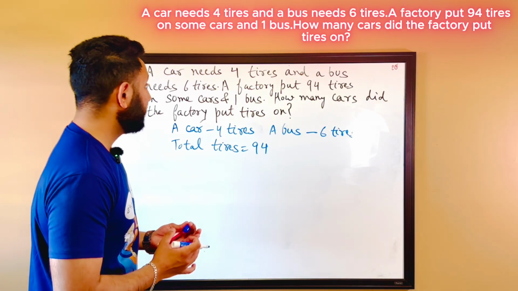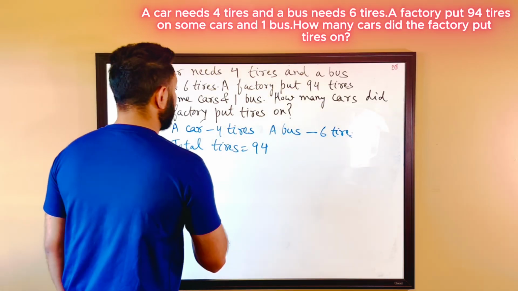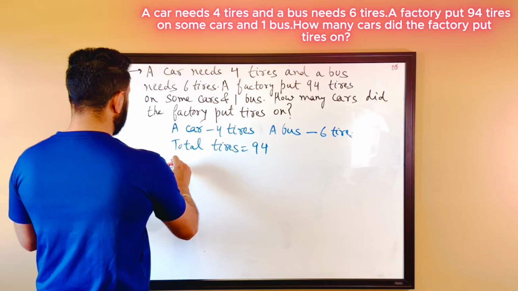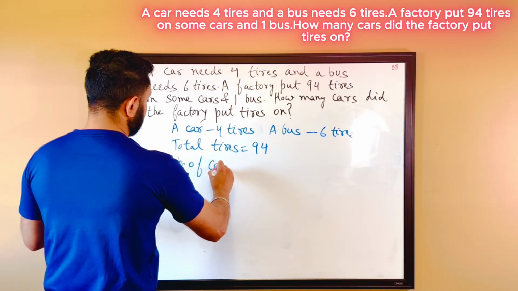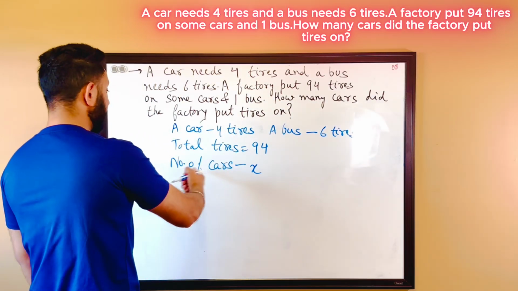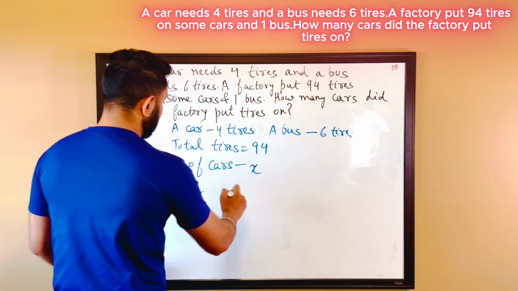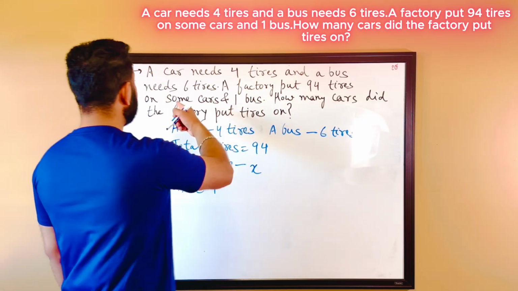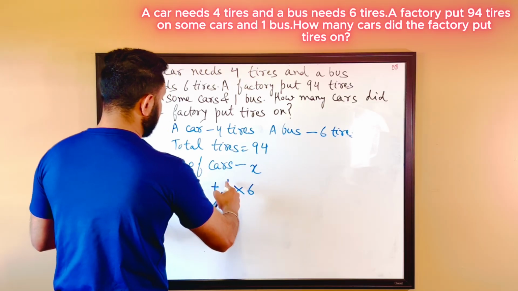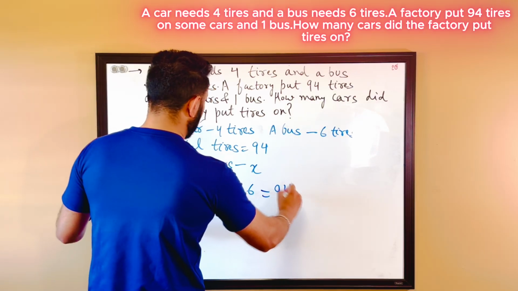So how are we going to solve this? We're going to make an algebraic equation. One car needs 4 tires, so let's say the number of cars is x. The x cars need 4 into x tires, plus, a bus needs 6 tires, so 1 into 6, and the total is 94.